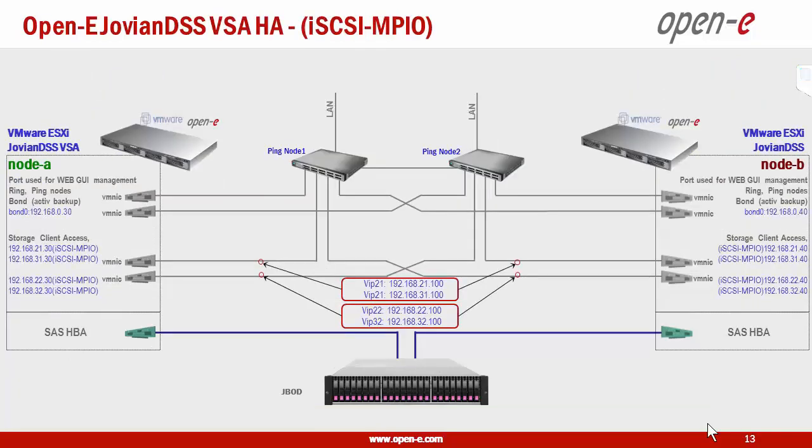And this slide is the most interesting for us today, because here, as you see, we have the virtualization and storage cluster all in one. So our storage controller on the left side will first run VMware, and next it will run JovianDSS as a virtual storage appliance.